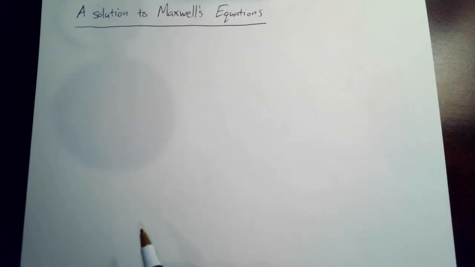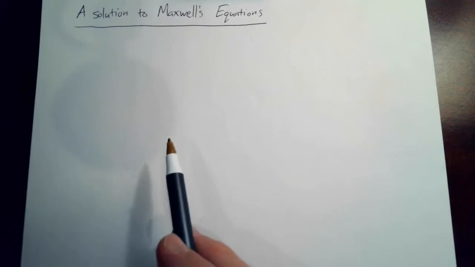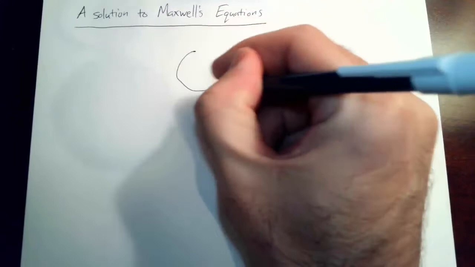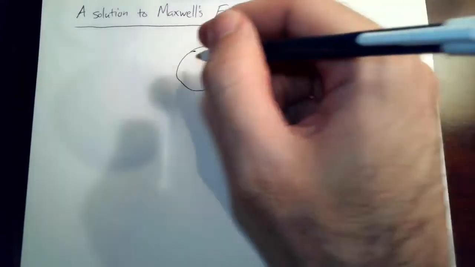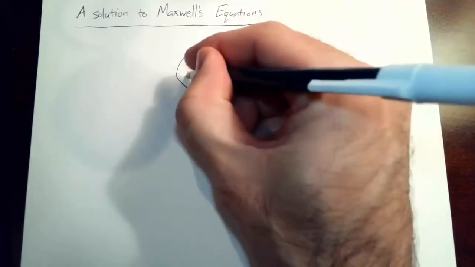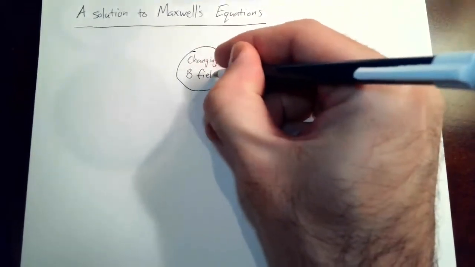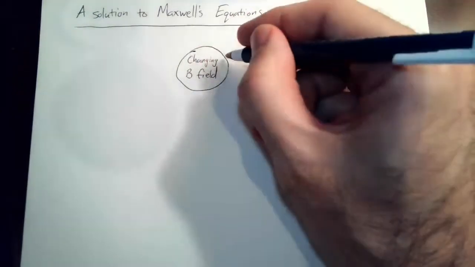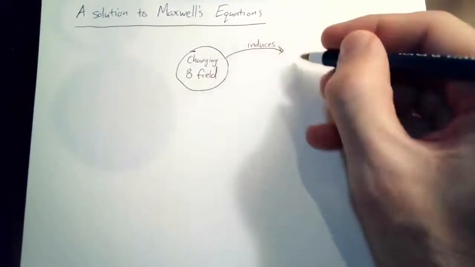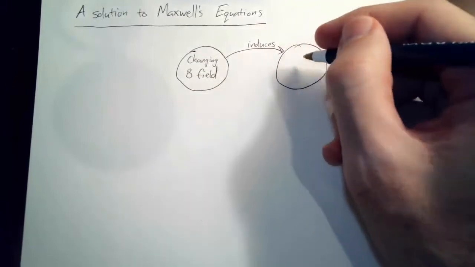And to give you some idea behind the motivation to this solution, I'm going to give you a very heuristic example, which is that if I have a changing B field, from Faraday's law, we saw that this would induce an E field.